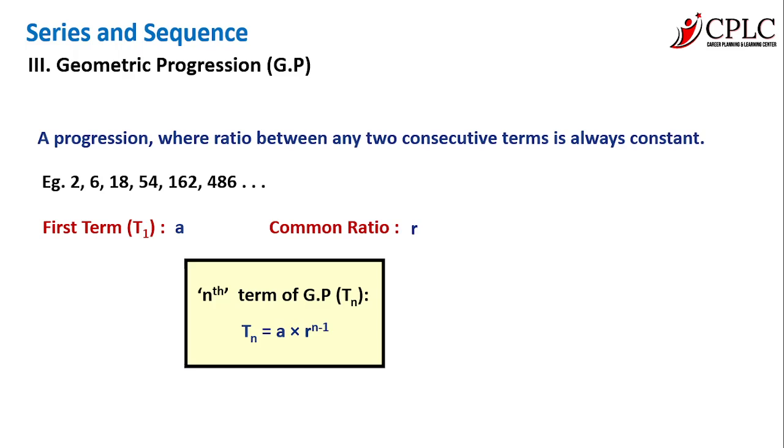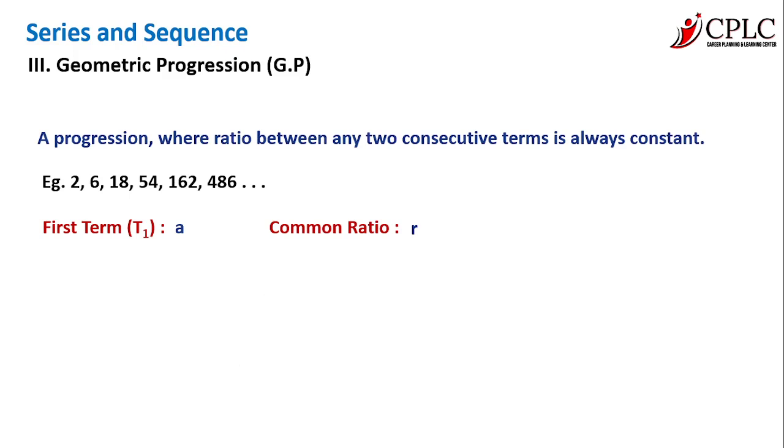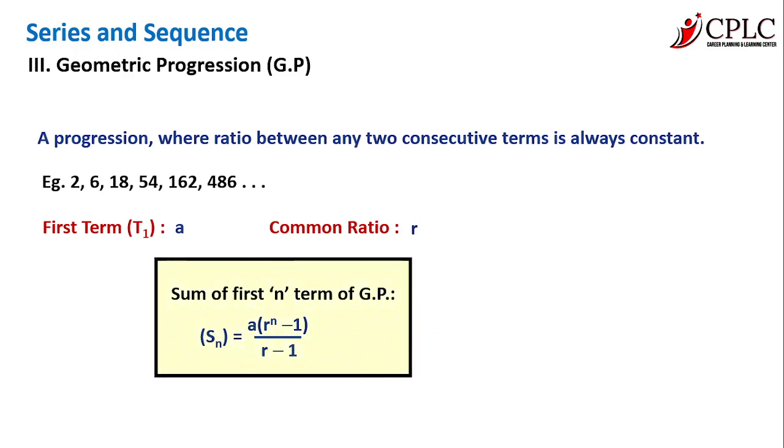And then lastly, there is something called the sum of first n terms of GP. The formula for Sn is a into r raised to n, the whole thing minus 1, upon r minus 1. A into r raised to n, the whole thing minus 1 upon r minus 1.